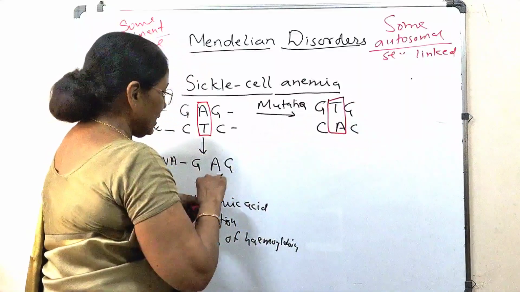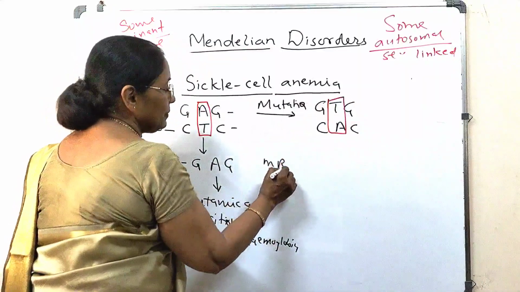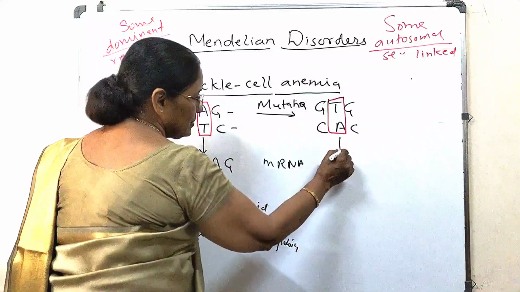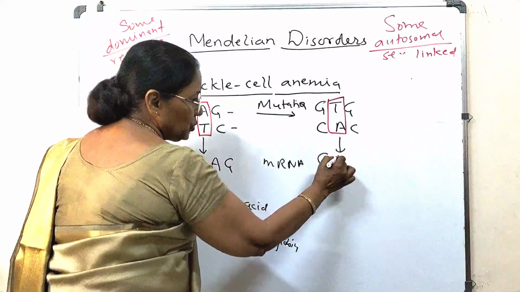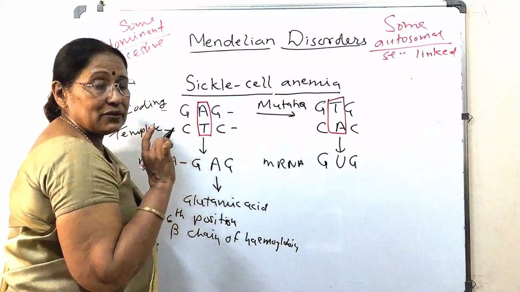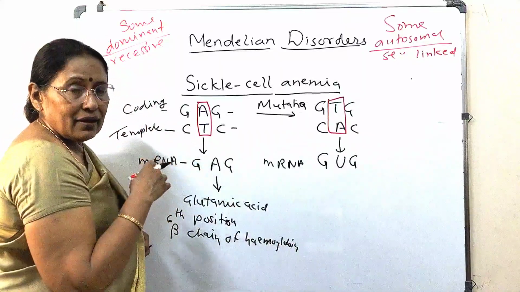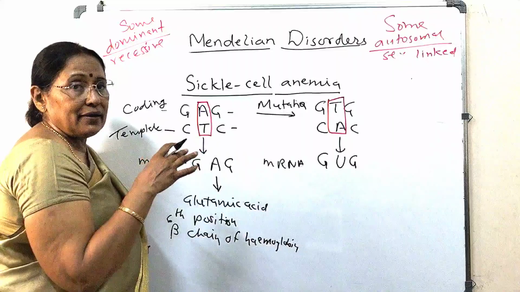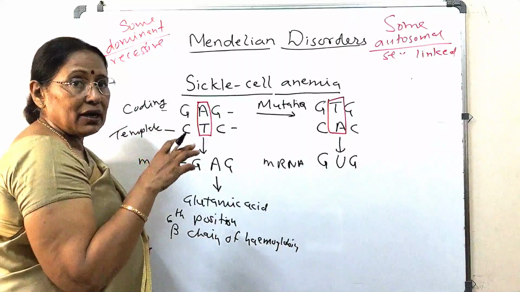So the mRNA which is formed by them is G, U and G. You have studied in standard 11th, who pairs with whom? ATCG are there in DNA, AUCG is there in mRNA.